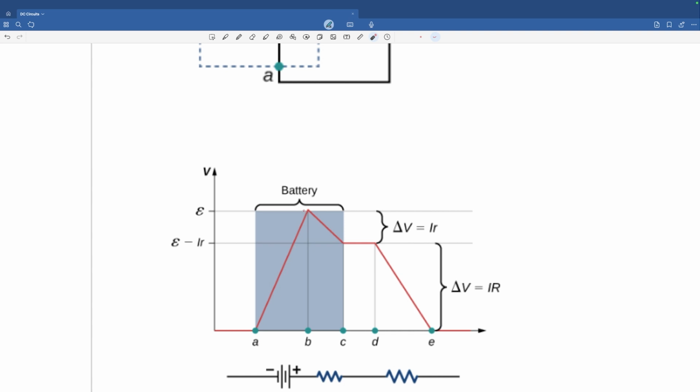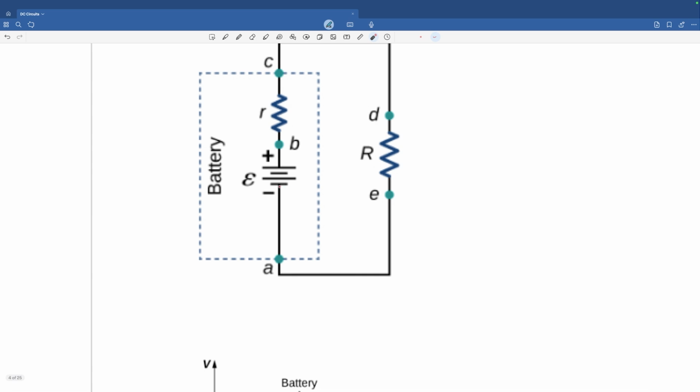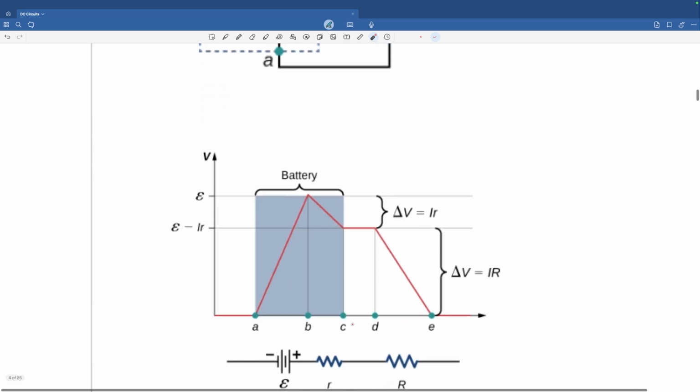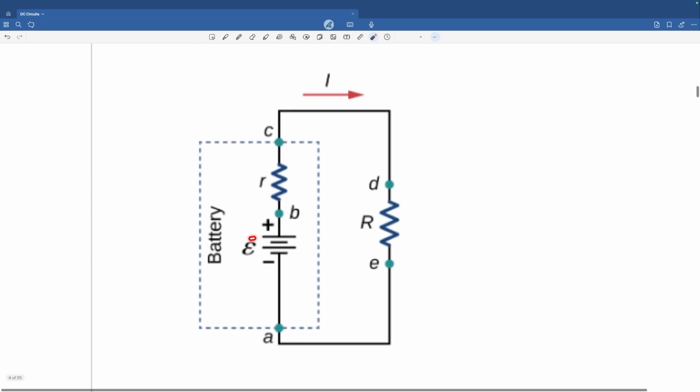And increasing up to the EMF of the battery. Now there is another reason for that. The negative terminal is always considered to be at 0 voltage. I'm going to say that again. The negative terminal is taken to be at 0 voltage. So that's why the graph at A shows 0 voltage. And then when you get to B, you can see B here, the voltage has increased up to whatever the EMF of the battery is. So if it is 12 volts, then it has gone from 0 to 12.